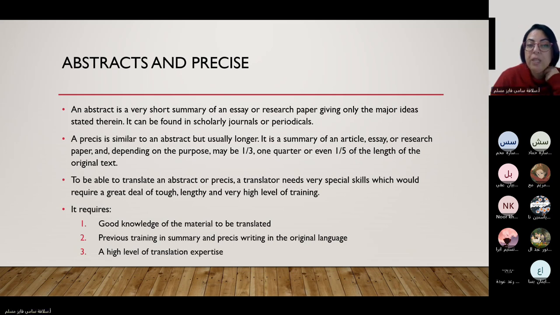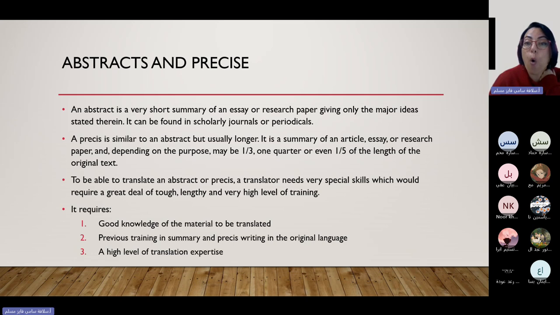Okay? To be able to translate an abstract or précis, a translator needs very special skill. All right? Because they are difficult to translate. Because they are summaries, you will have to understand the whole text in order to translate the abstract. So it requires good knowledge of the material to be translated.